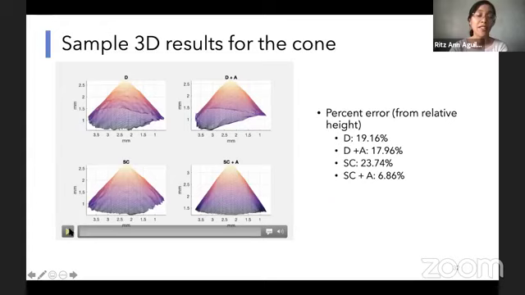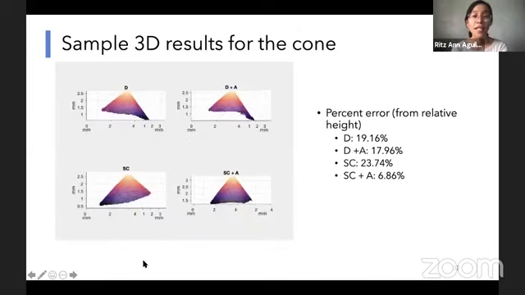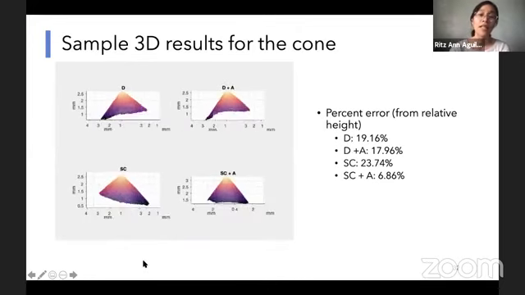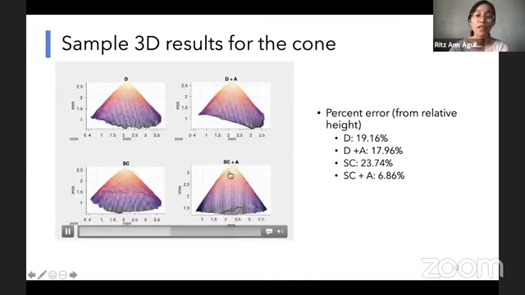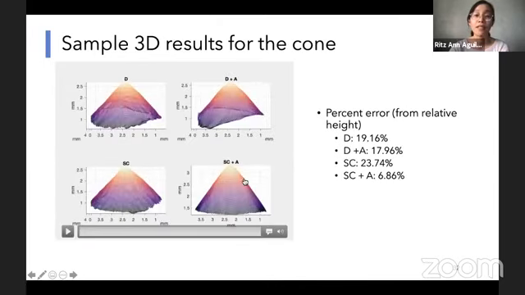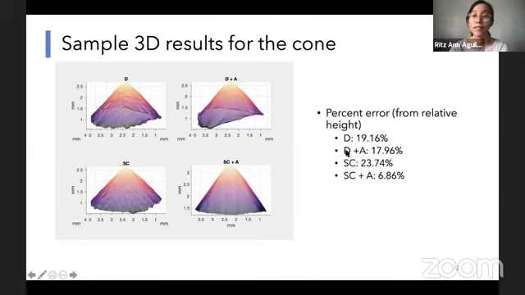Here is a sample rotated 3D view of the cone object. As you can see here, the best one again is the combination of the semi-calibrated case plus the apodized case, with the following percent errors. For the semi-calibrated case without apodization, it's kind of high because of the noise artifacts.